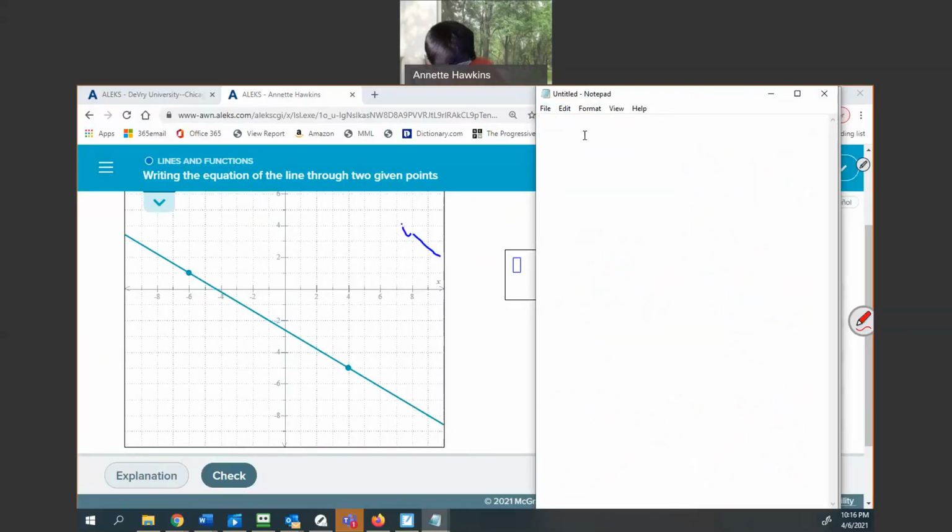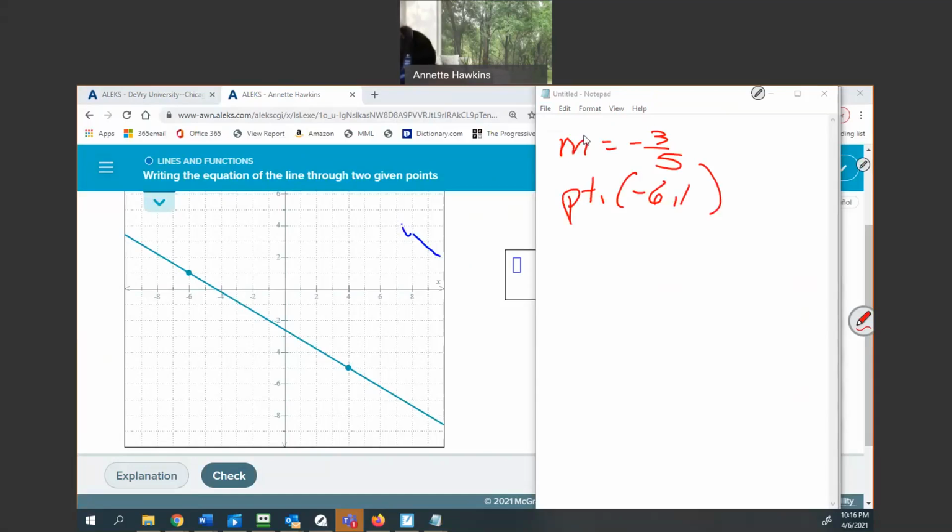All right, so my slope is -3/5, and this point is (-6, 1). And I'm going to just use the slope intercept generator. Now, I can use either generator I want, the slope intercept or the point slope formula. I'm going to use this one, stick with one thing.